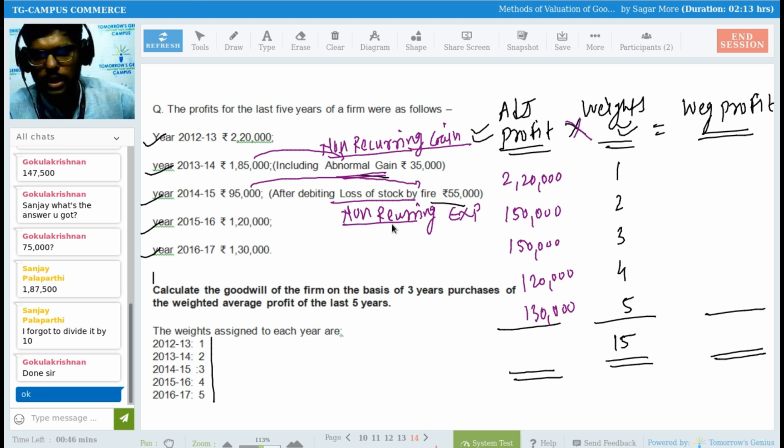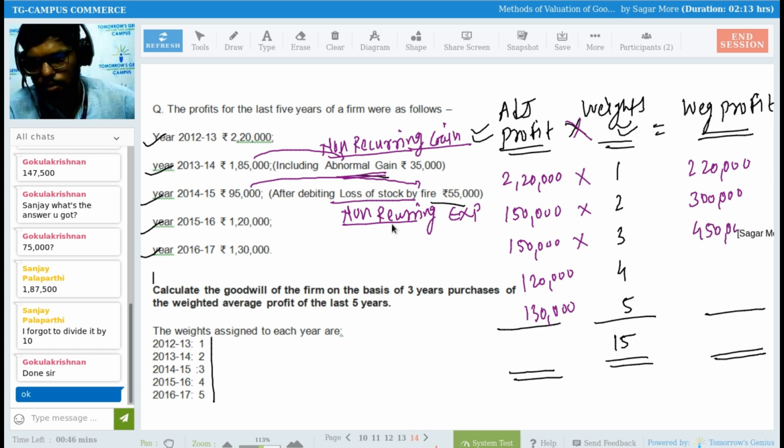Then we have to calculate weighted profit. 2,20,000 multiplied by 1, answer is 2,20,000. 1,50,000 multiplied by 2, answer is 3 lakh. 150 multiplied by 3, 4,50,000. 120 multiplied by 4, 4,80,000. 1,30,000 multiplied by 5, 6 lakh 50,000.